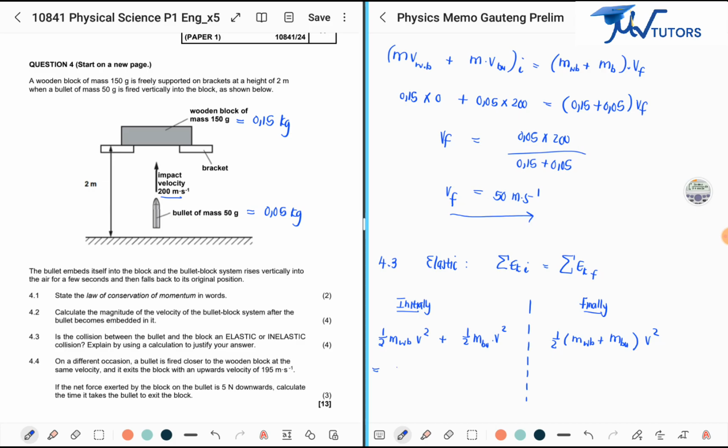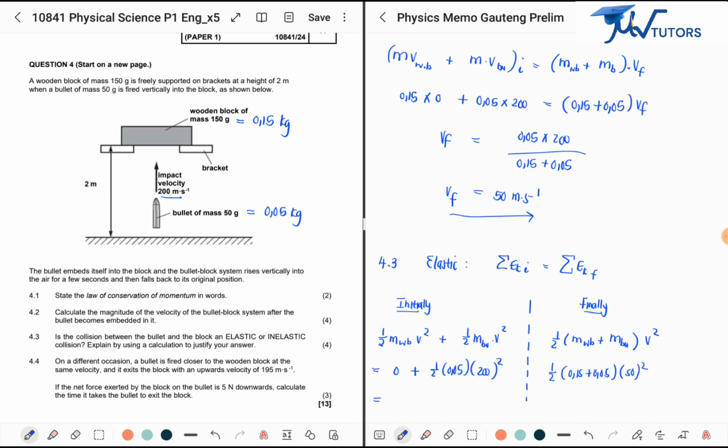So this is going to be 0 because the wooden block was stationary. And then here we have half, mass is 0.05, the velocity there is 200 squared. We'll work out what the answer is. On this side we have half, 0.15 plus 0.05, and the velocity of that system is 50 squared.